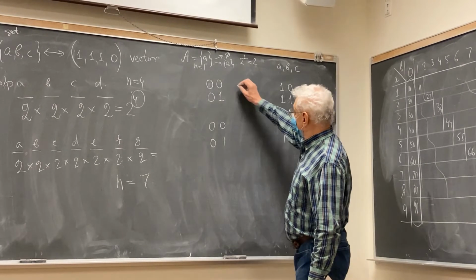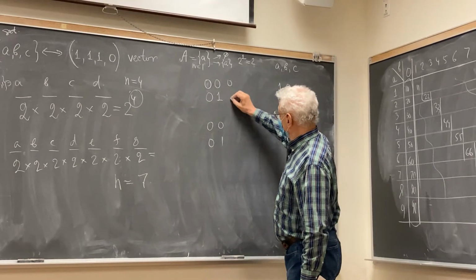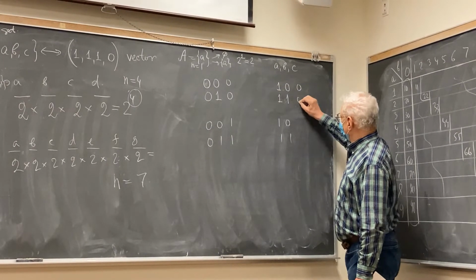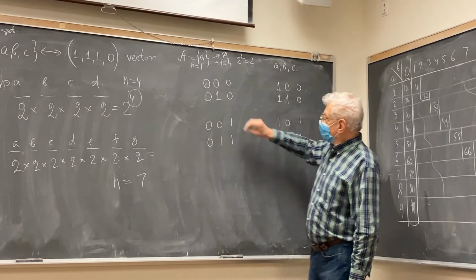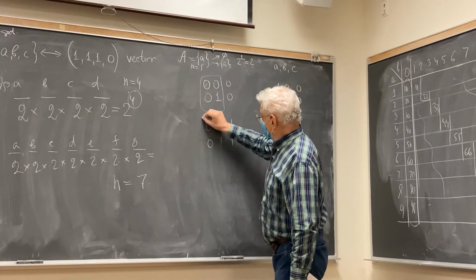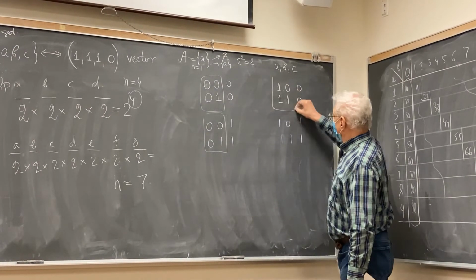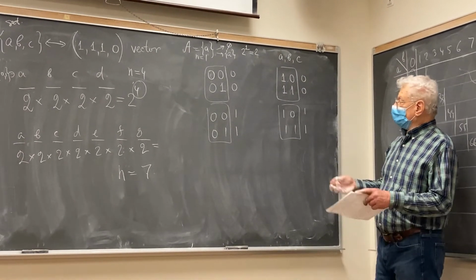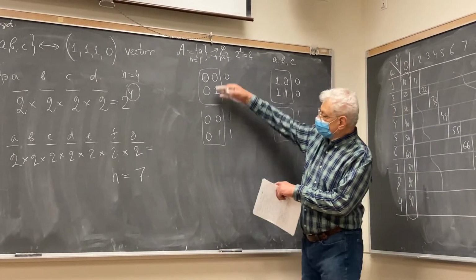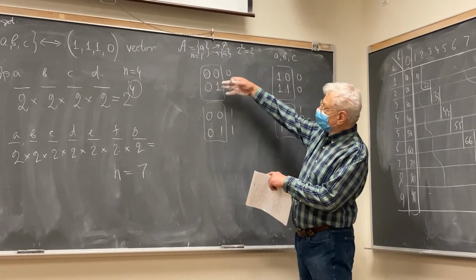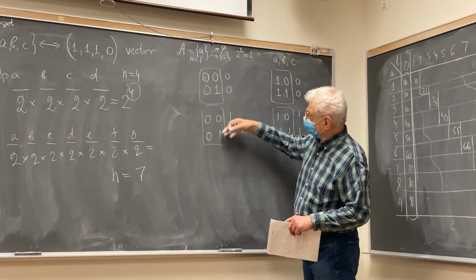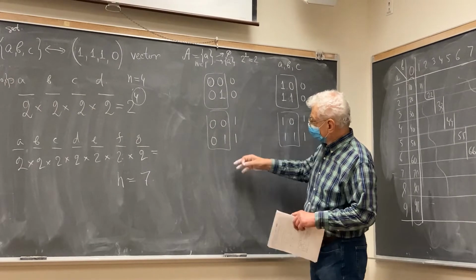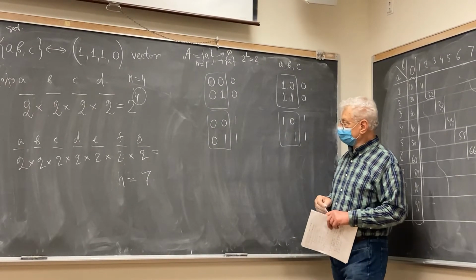And I will do this as follows. I will write 0 here and 1 here, and 0 here and 1 here. So I take the previous possibilities and double, and so I just split. If I put 2 zeros here, it will be an extension with zeros, and that one an extension with 1.